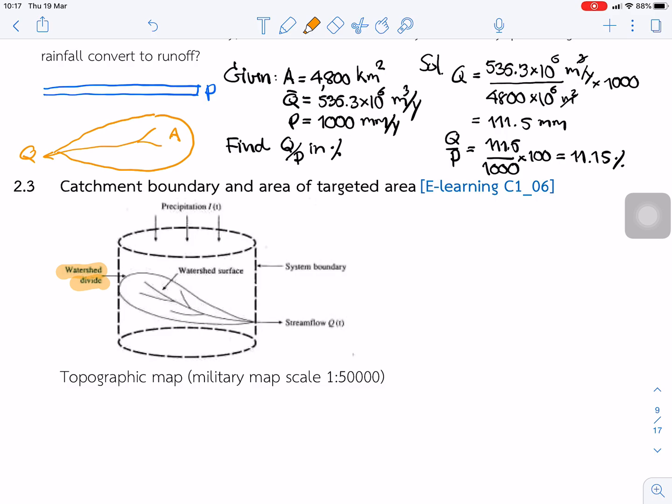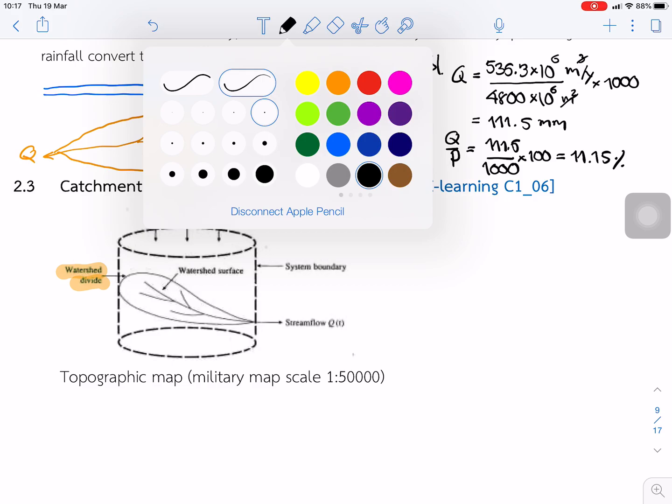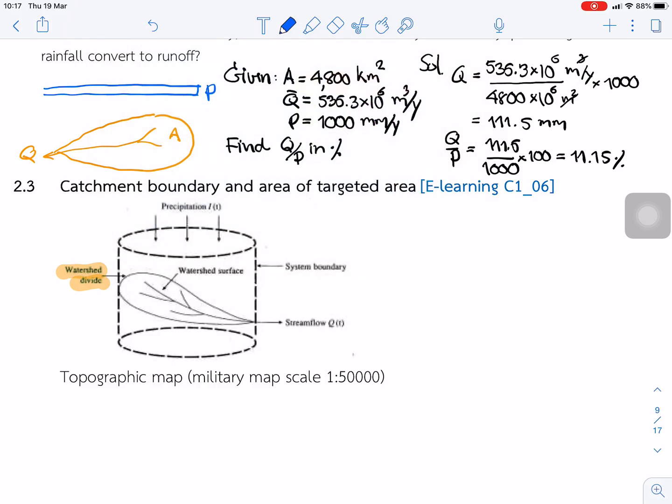If we divide it, it means the precipitation comes to this area and flows out. Flow in and flow out of this area. So it means the water from precipitation comes together to one outlet.